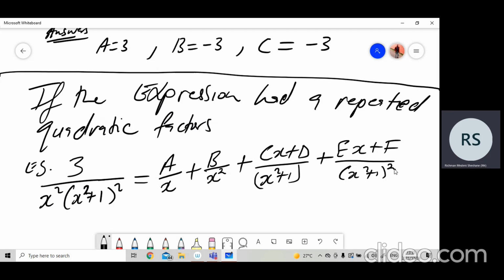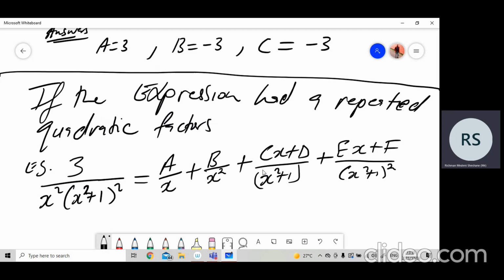If it was to the power of 3, you would add another term, up until the power of 3. But since we have 2, we stop when the denominator is to the power of 2. So this is the form of a partial fraction of this expression. The next step would be to solve for a, b, c, d, e, and f.